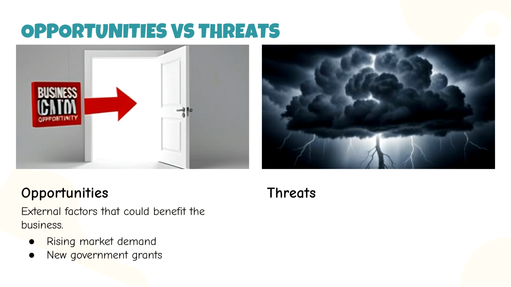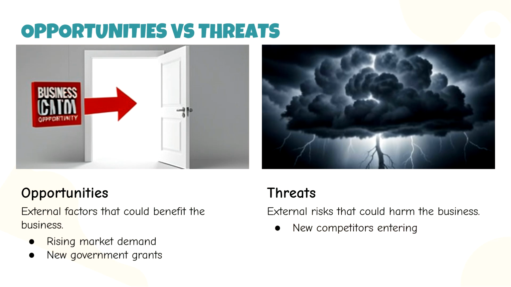Another opportunity is new government grants, because that helps to give the business more money. Next is threats. What is a threat? It is an external risk that could harm the business. This could be new competitors entering the market or economic downturn, which could mean inflation.